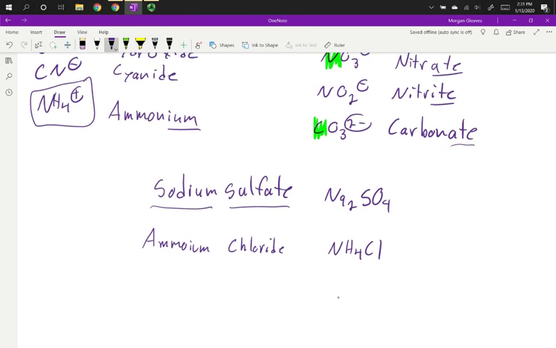If I gave you MgCO3, well, that is a magnesium, and if we look, that's a carbonate. The charges are left off in the formula, but if we look up above, CO3 is a carbonate. So this is a magnesium carbonate.